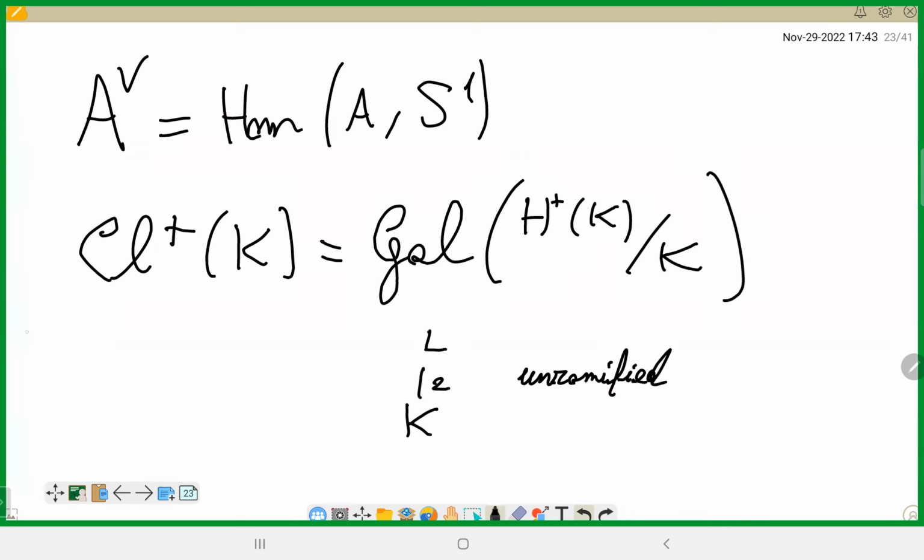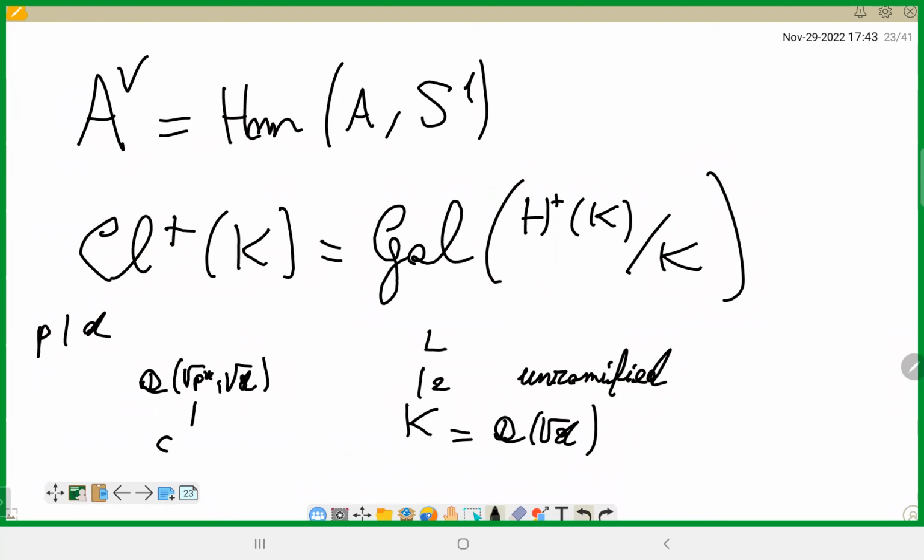And now if you have a prime P that divides D already, and K is Q root D, you have to put P star to make sure that it doesn't ramify at 2, but this extension is clearly going to be unramified.